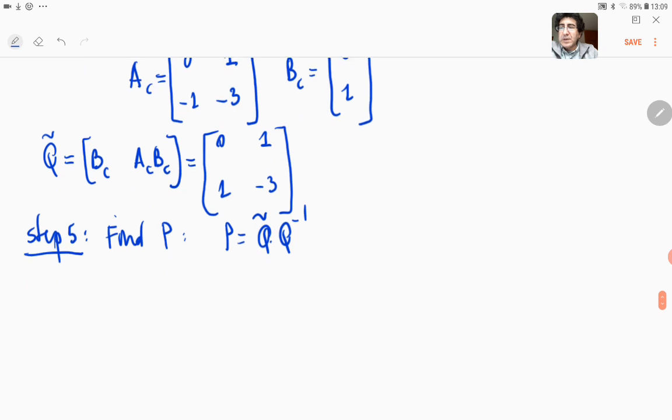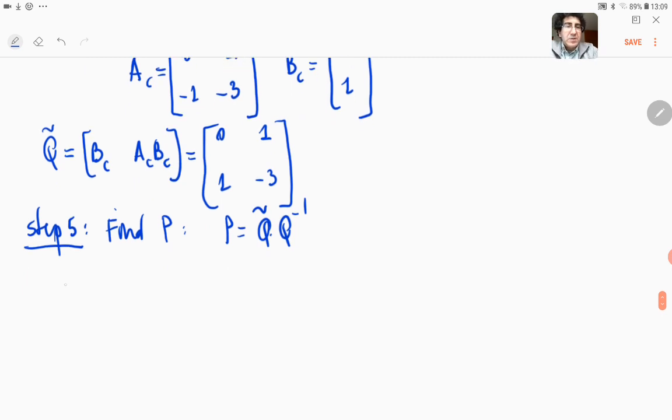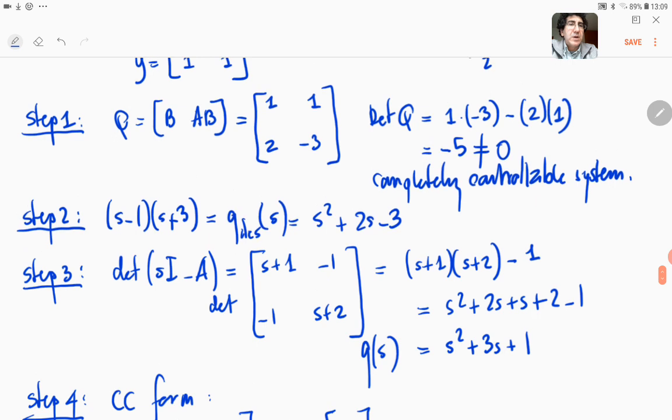Okay, so let me try to do it by using Gaussian elimination as an example. Q to the power minus 1 is equal to the inverse of 1, 1, 2, minus 3. Right, this is our Q matrix.